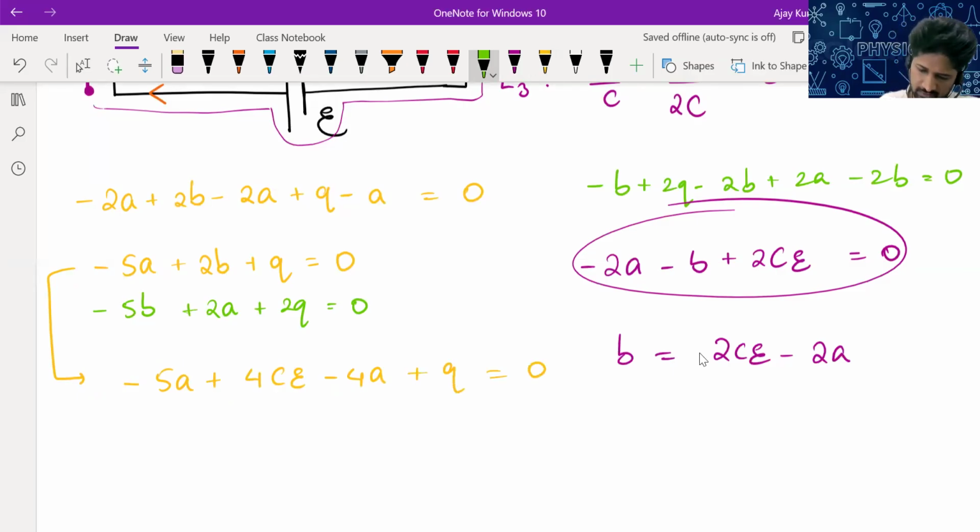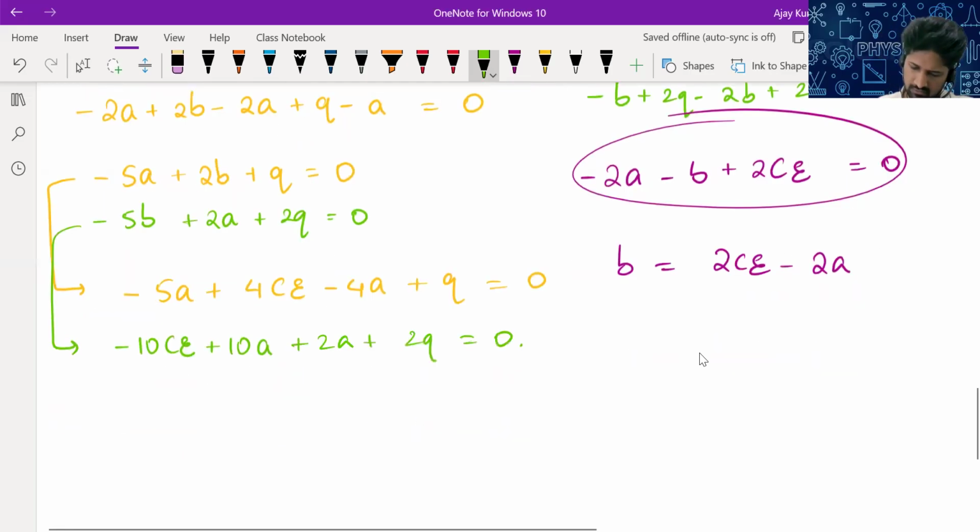And the second equation becomes minus 5B, that becomes minus 10CE plus 10A, plus 2A plus 2Q is equal to 0.